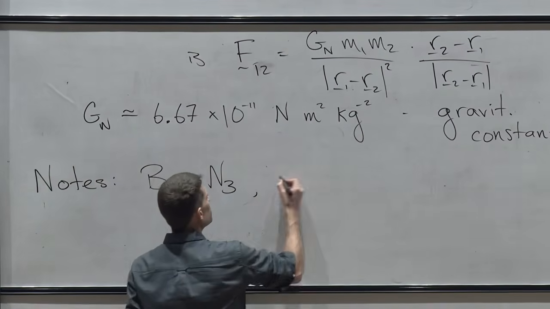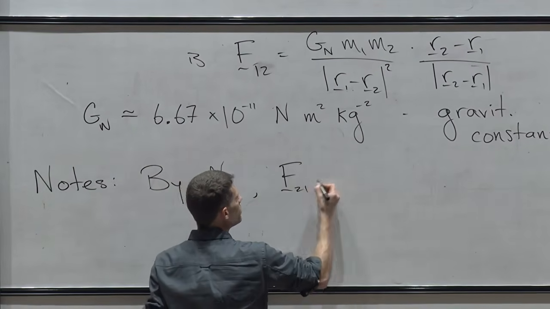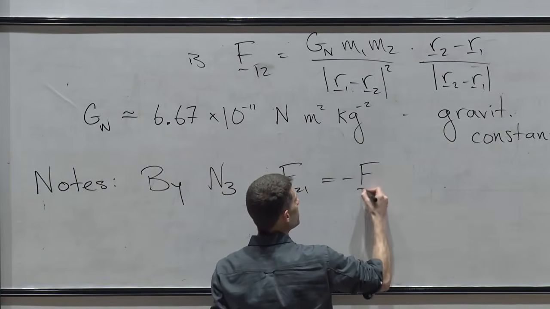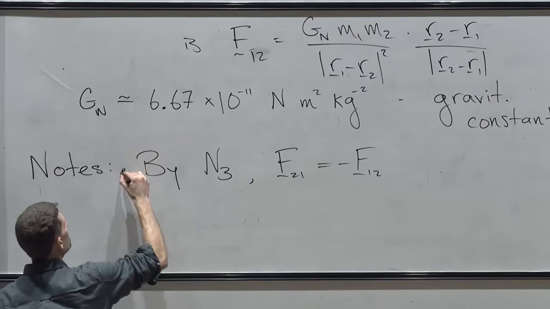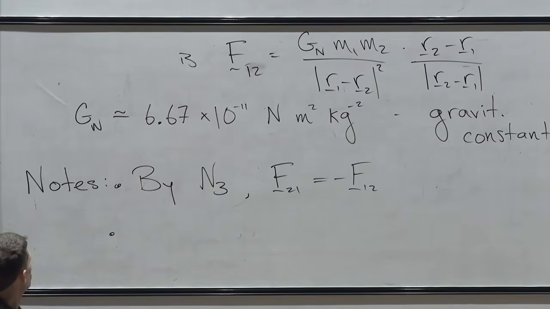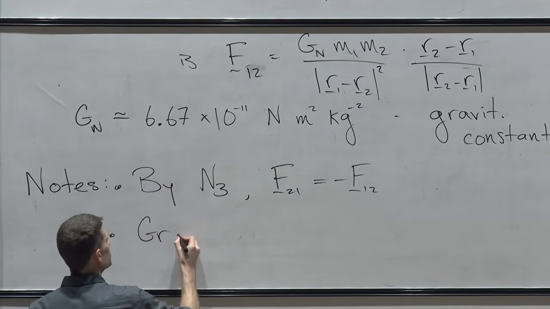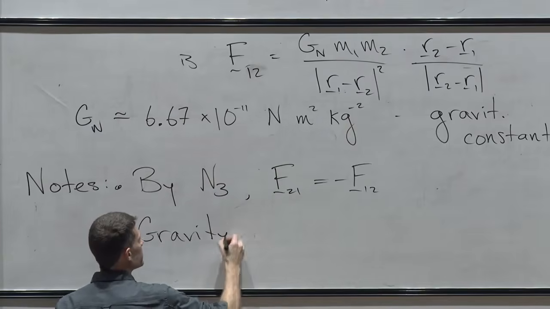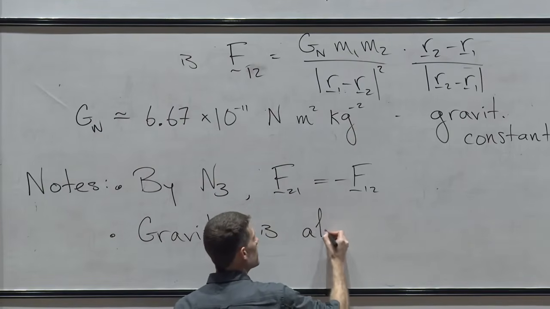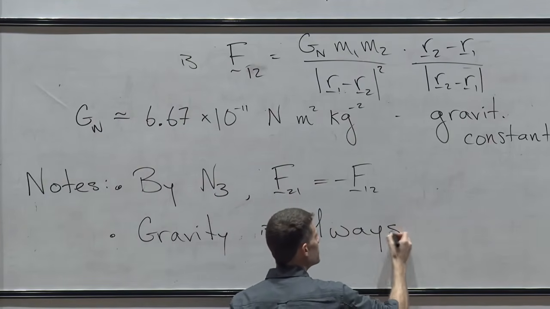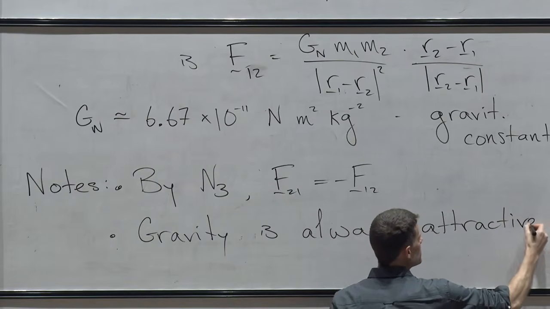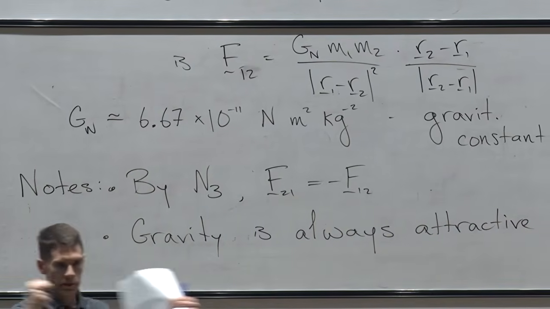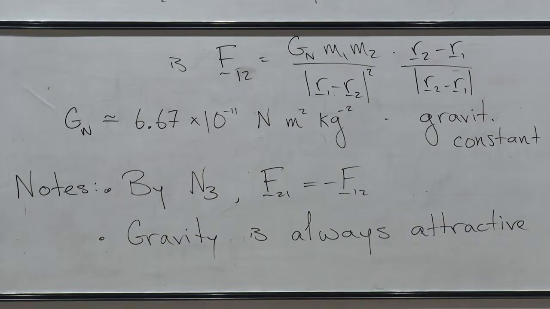So F21 is minus F12. 2, gravity, as we know it, is always attractive. The masses are being attracted to each other, not repelled.